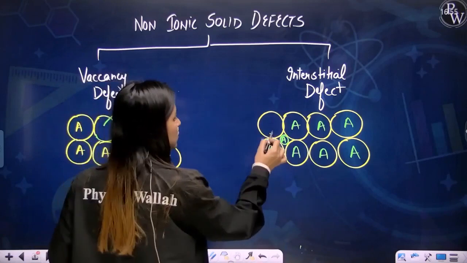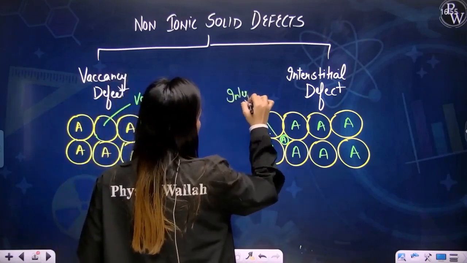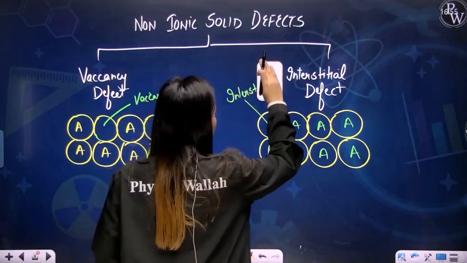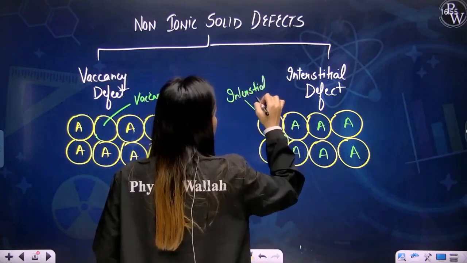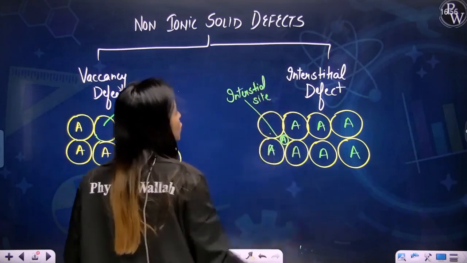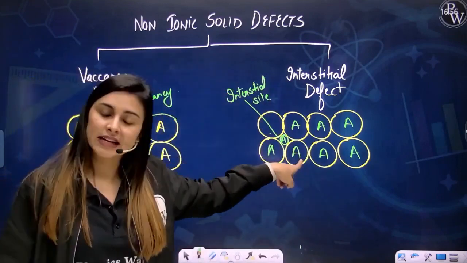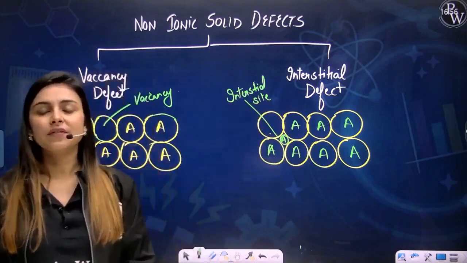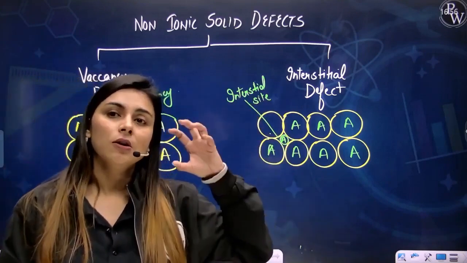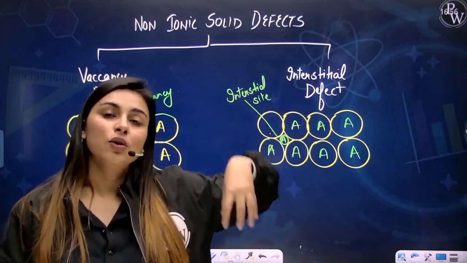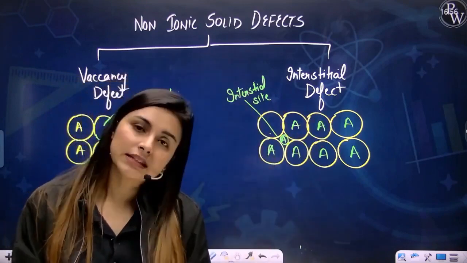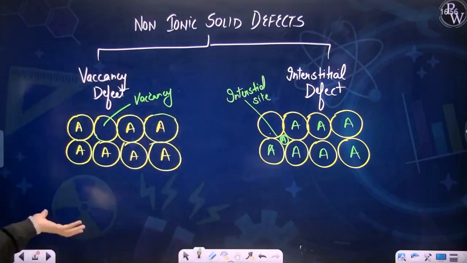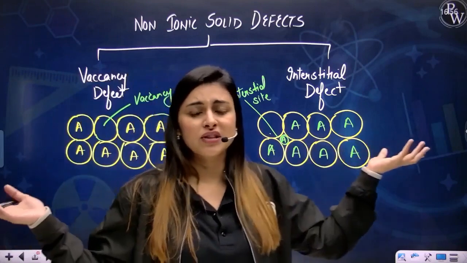So this is the interstitial site. To this interstitial site, A comes here, and that is the reason it is known as an interstitial defect. In an interstitial defect, an atom leaves its position and occupies a position in an interstitial site. So this is how you define an interstitial defect. It is very simple, very easy. I don't think there is any issue till now.